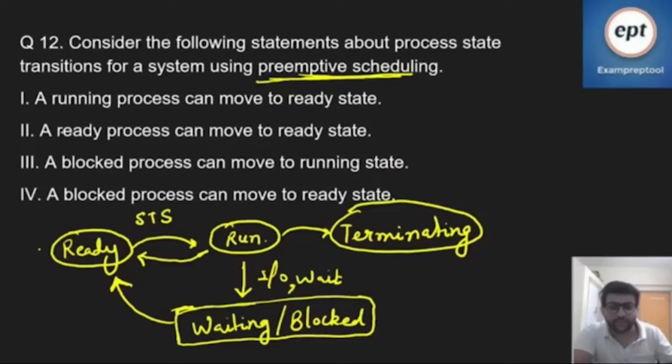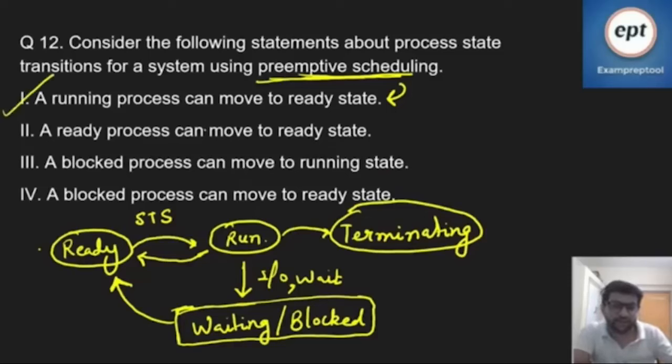Okay, so let's see the options. It has been given that a running process can move to a ready state. Yes, a running process can move to a ready state because it is a preemptive scheduler. If it was given non-preemptive scheduling, then this option would not have been correct, right? So this is correct.